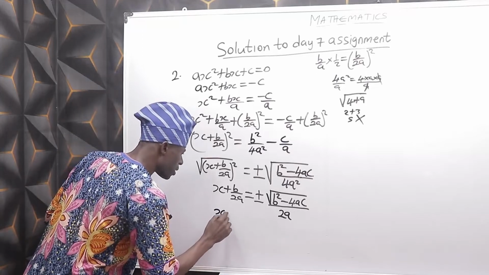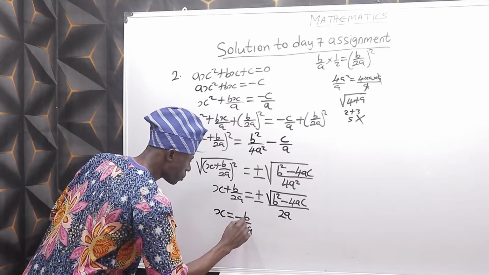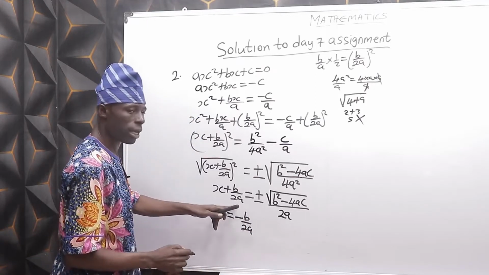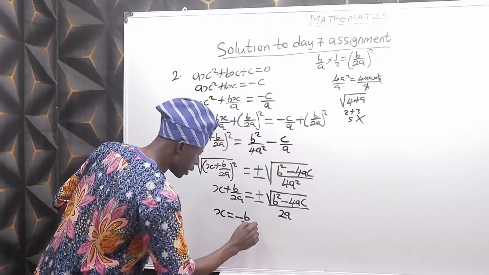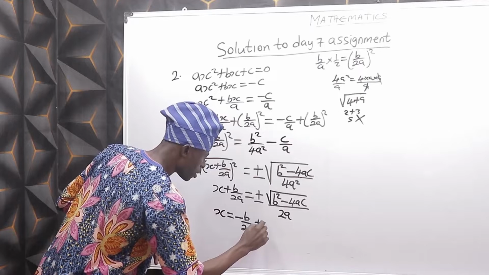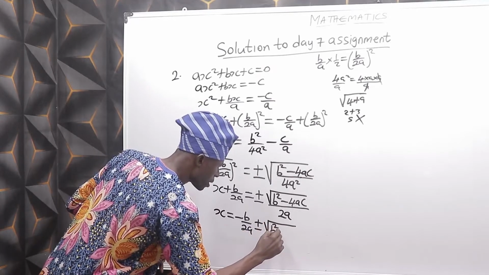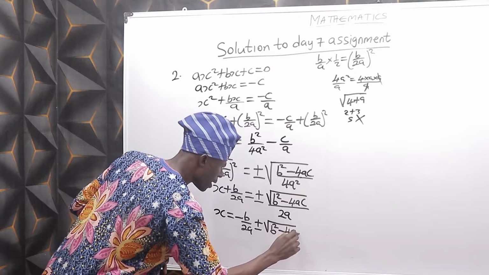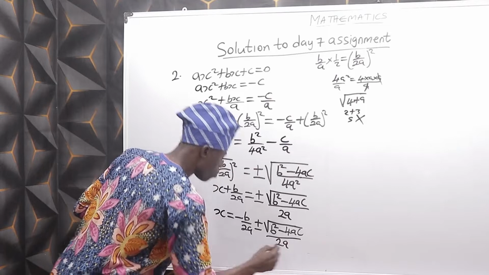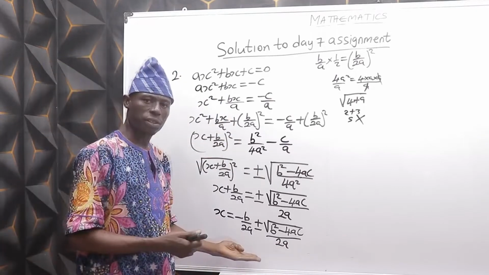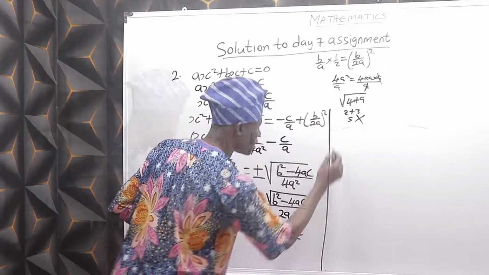So you have x is equal to minus b over 2a. Positive b over 2a, when you take it to this other side, it becomes minus b over 2a. Now plus or minus square root of b square minus 4ac whole over 2a. We find the LCM in this case. I come to this side.